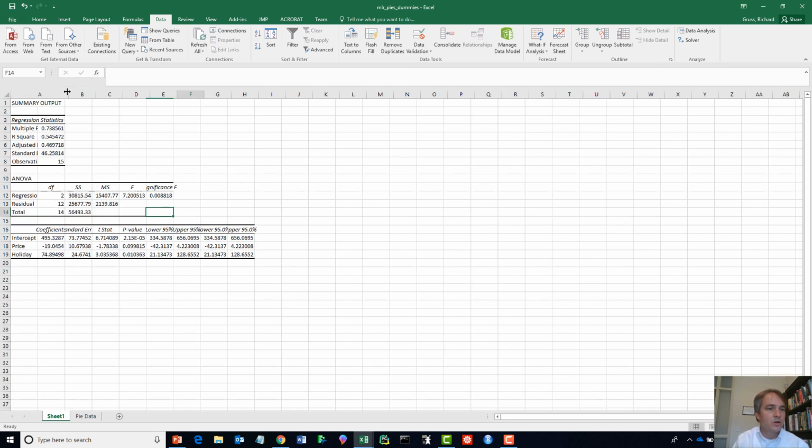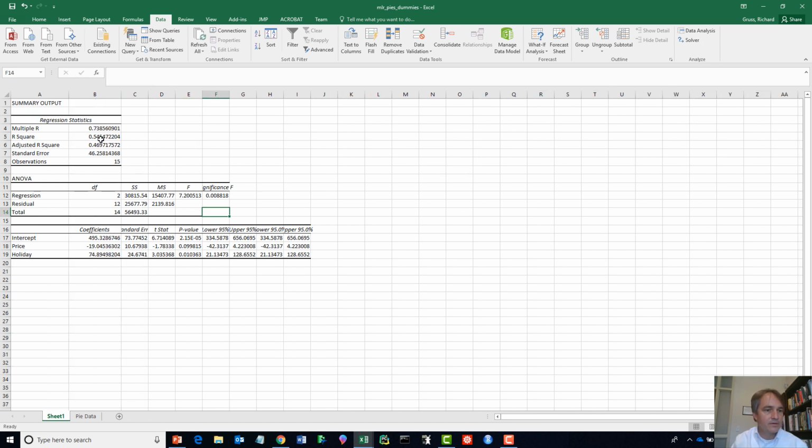What we see is that we have a pretty good model here. We've got nearly 50% of variation explained, with our adjusted R squared, and we've got a significant amount of variance explained in the ANOVA.